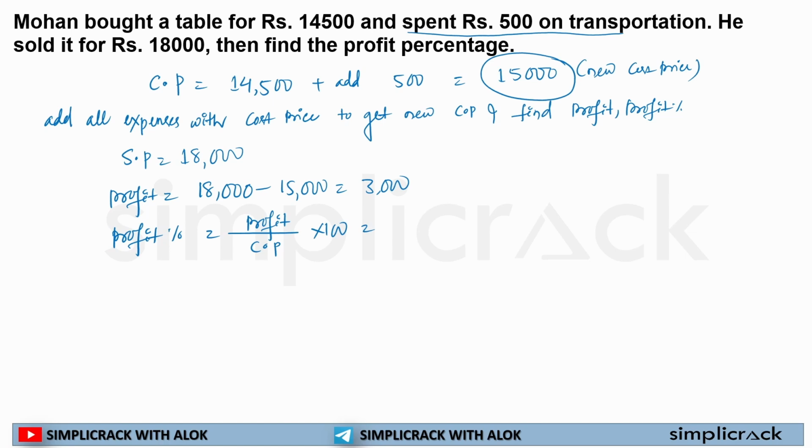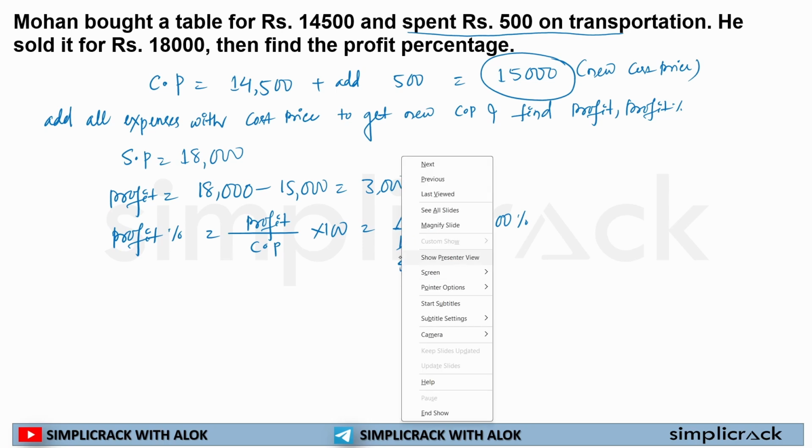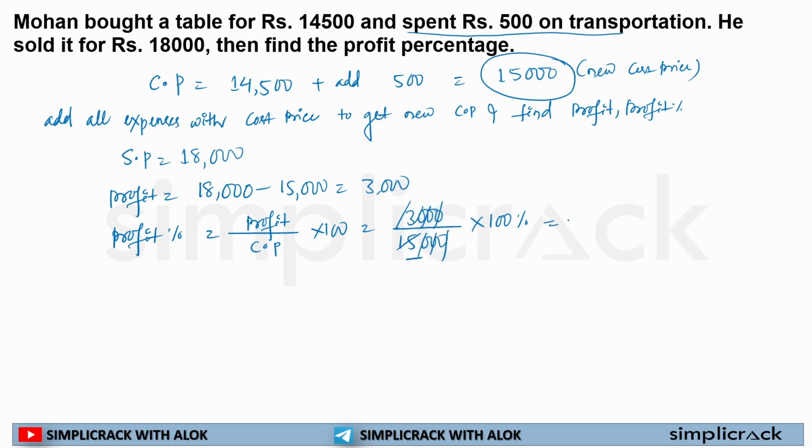So cost price means new cost price. Profit was 3,000 divided by new cost price 15,000 multiplied by 100%. 0 0 cancel out. If I divide 15 by 3, it will be 5. So it is 100% by 5, or as you know, if I divide 100 by 5, it will be 20%. So what is my profit percentage?